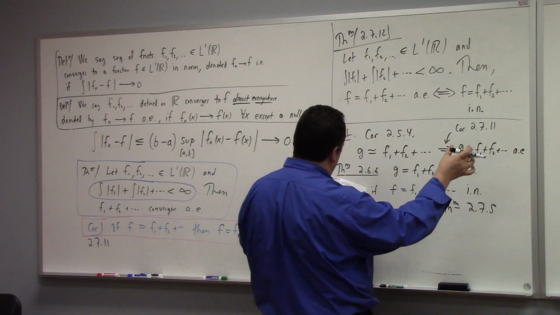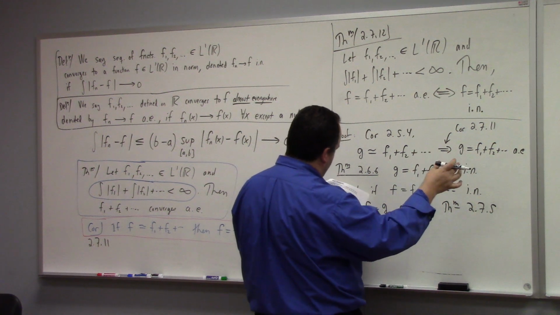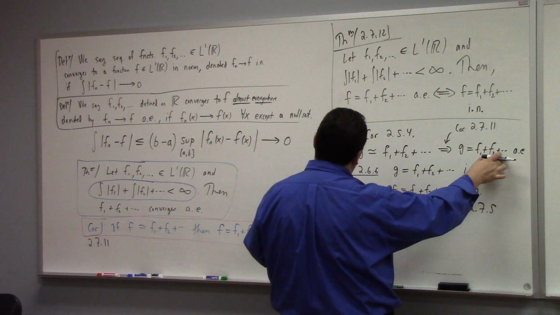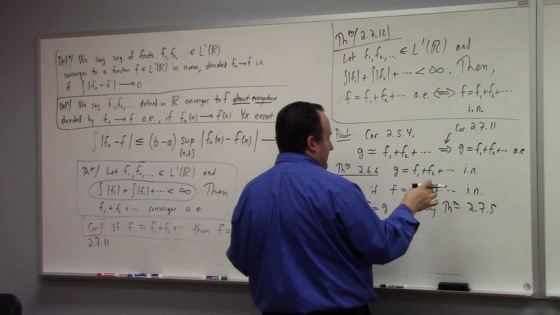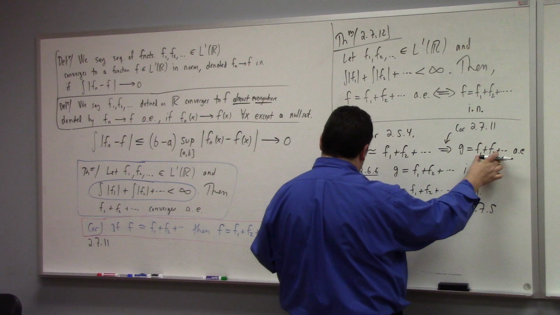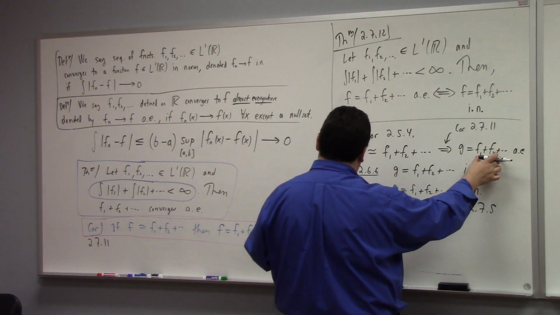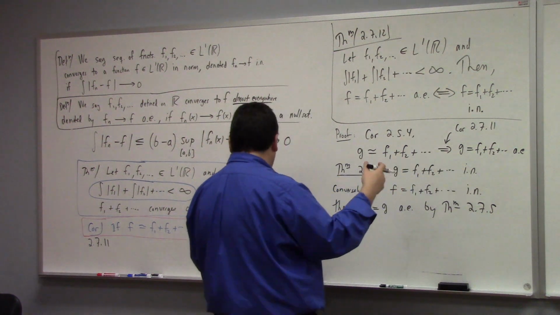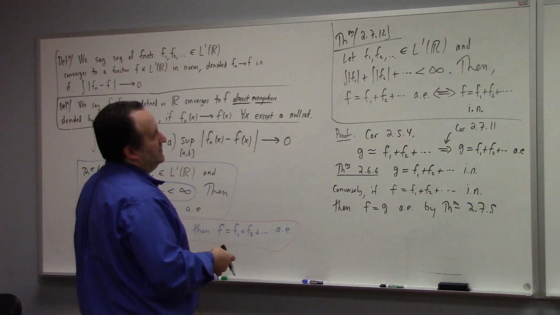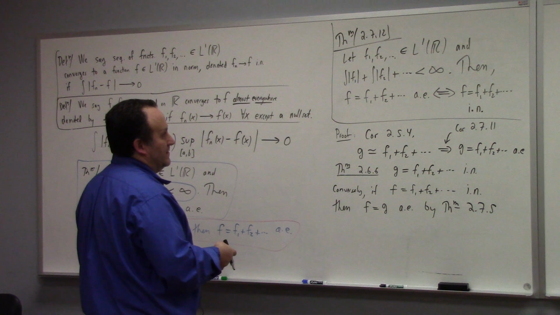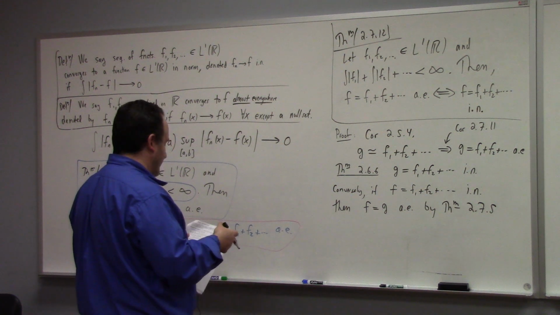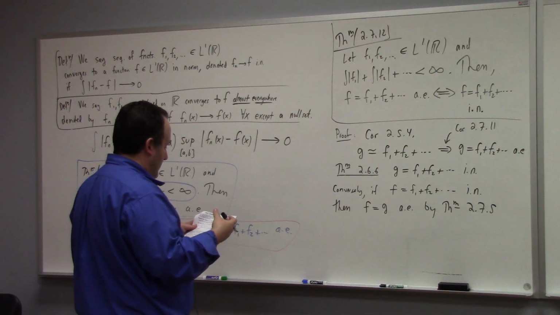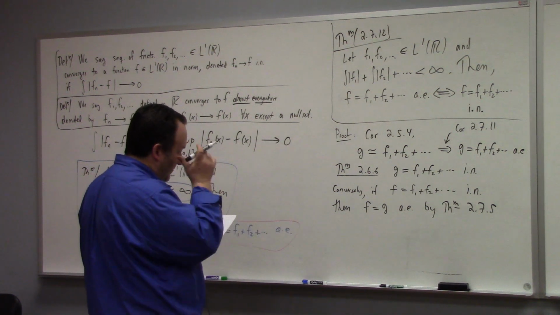And then because of theorem 2.75, if and only if, since we have this, then we get that fn goes to g. So this gives us this, then theorem 2.75 gives us that fn goes to g in norm.